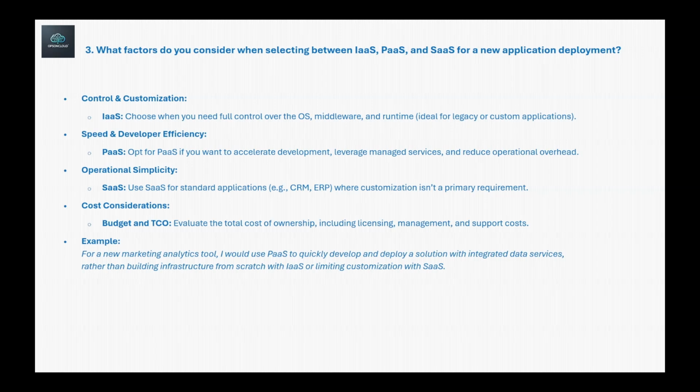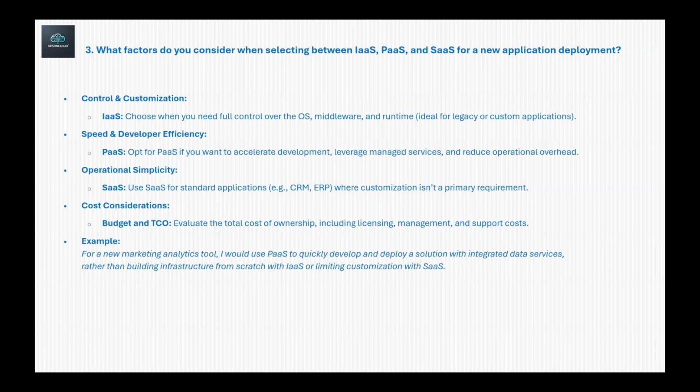And if I want speed and developer efficiency, I would choose platform as a service to accelerate development, leverage managed services, and reduce operational overhead. And if there's a need for operational simplicity, SaaS can be used for standard applications, for example CRM, ERP, where customization isn't a primary requirement, where you can just acquire licenses based on your requirement and then straight away use it.